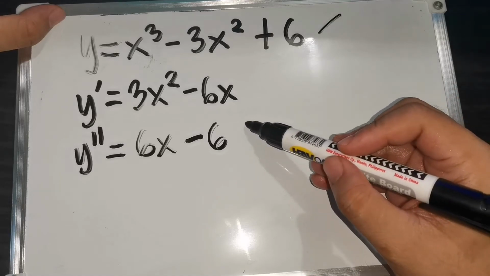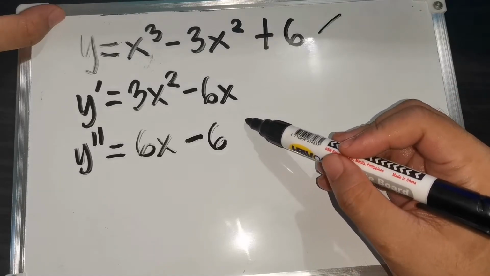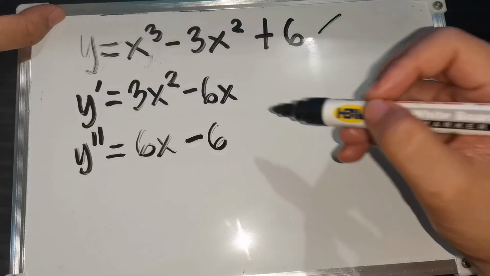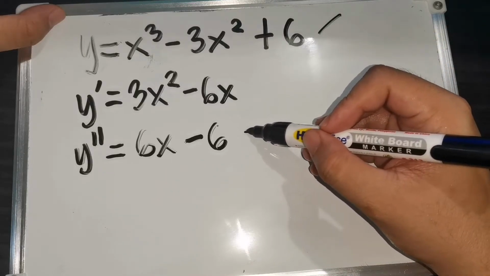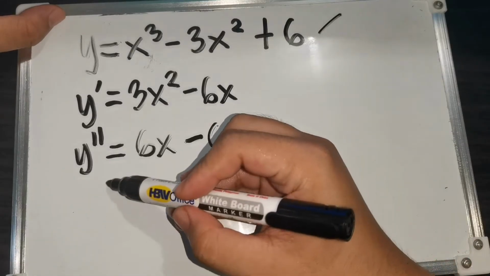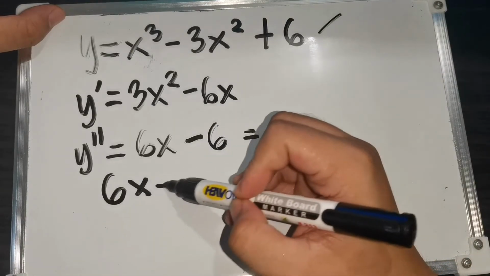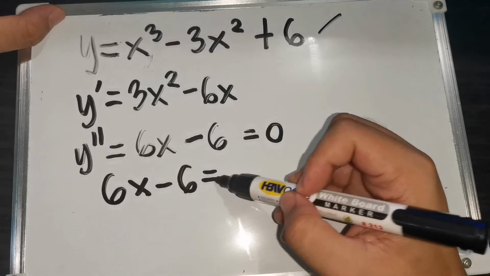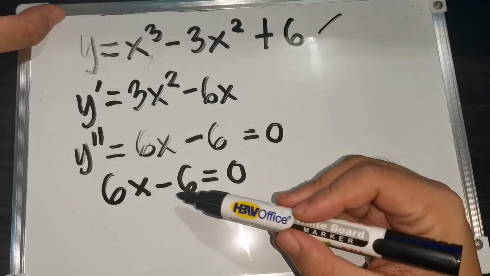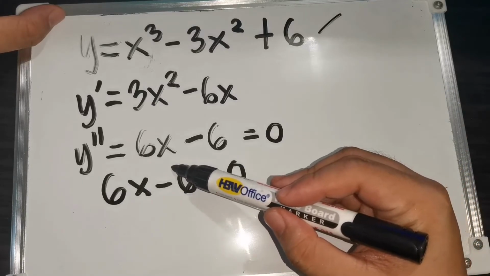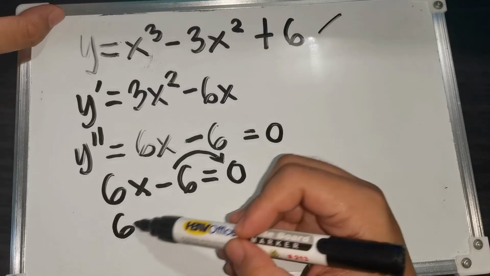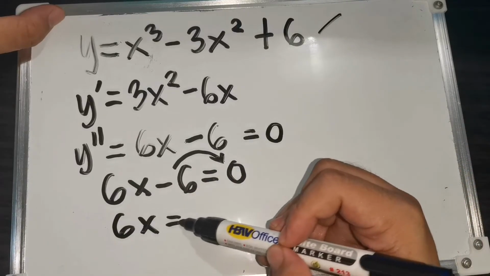Now, your second derivative is equal to 6x minus 6. So your second derivative is always equal to 0. So we can rewrite this one as 6x minus 6 is equal to 0. Now, if we transfer this negative 6 to the other side of your equation, that will be equal to 6x is equal to positive 6.